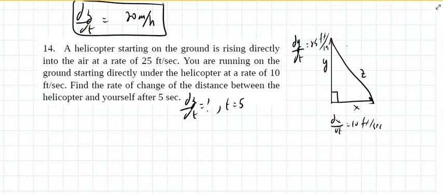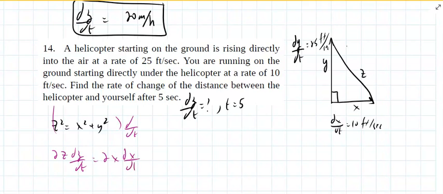Well, let's see again. We know that z squared equals x squared plus y squared. Everything is with respect to time, so we take d/dt of both sides: 2z dz/dt. Hopefully you're getting better at seeing this. I could divide by 2 on both sides and cancel.